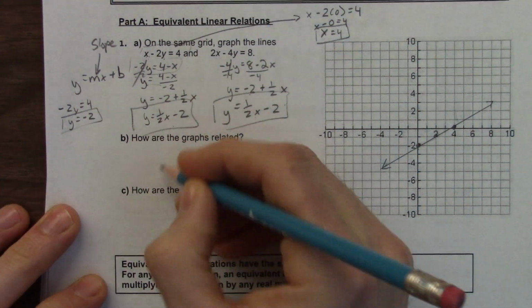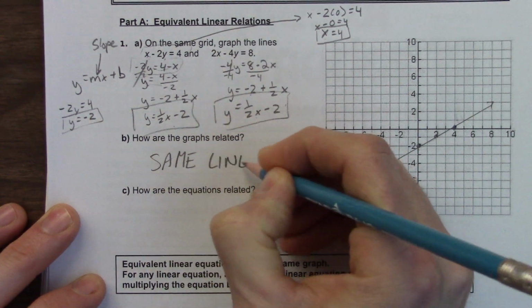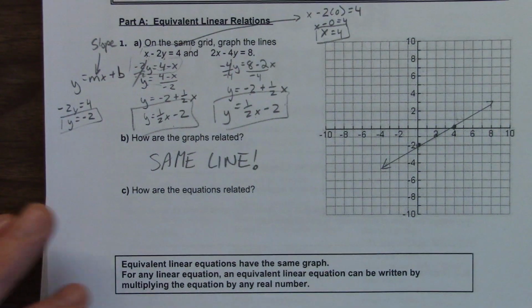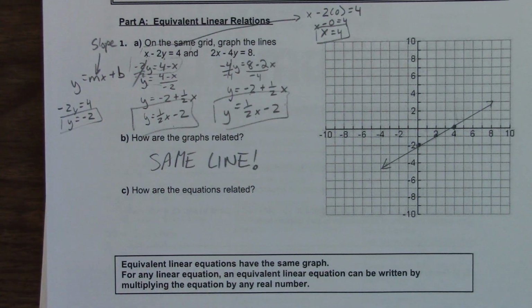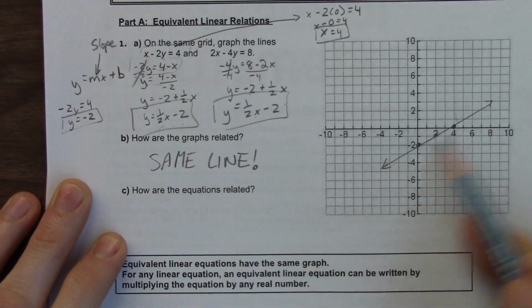They're the same line. How do I know they're the same line, Jaden? Milkias. The slope and the y-intercept. Right, the slope and the y-intercept are the same, so we know it's the same line.